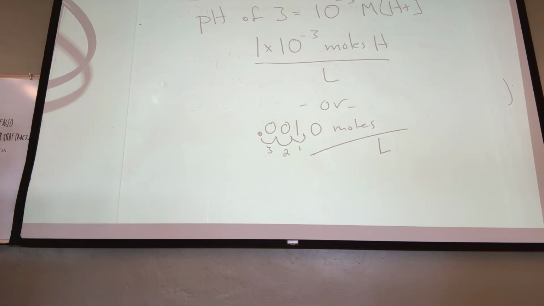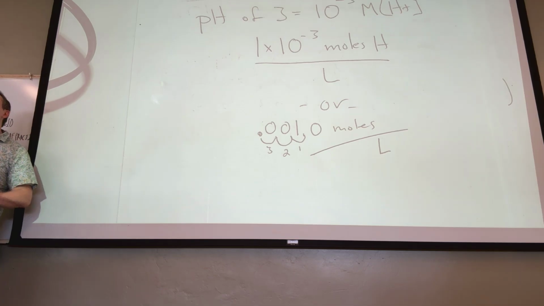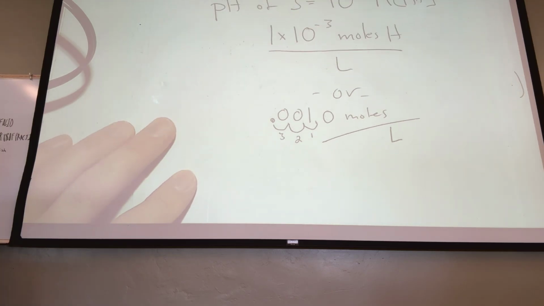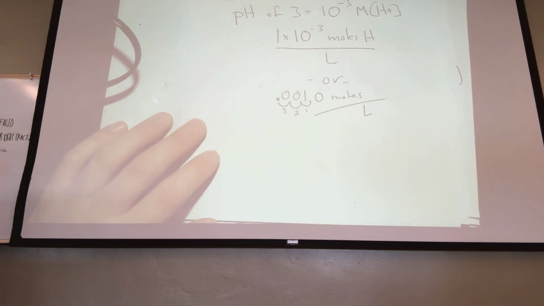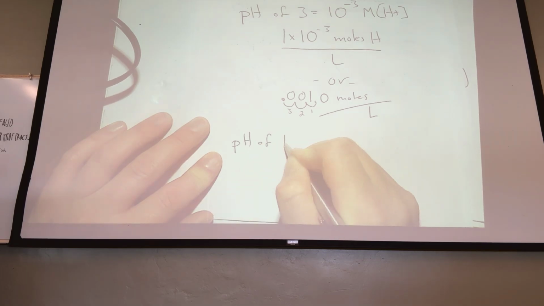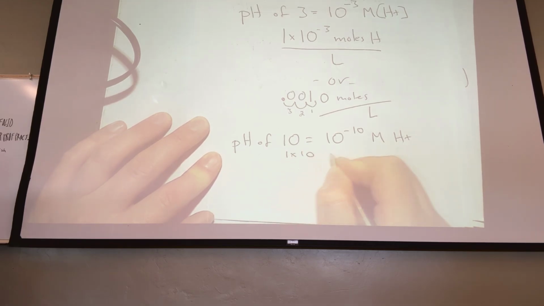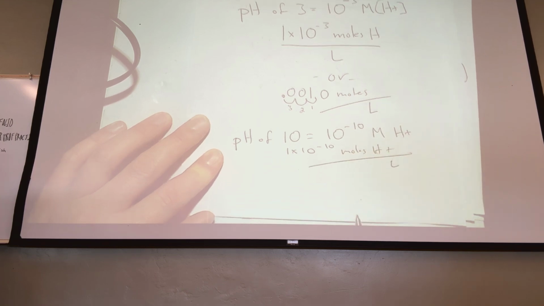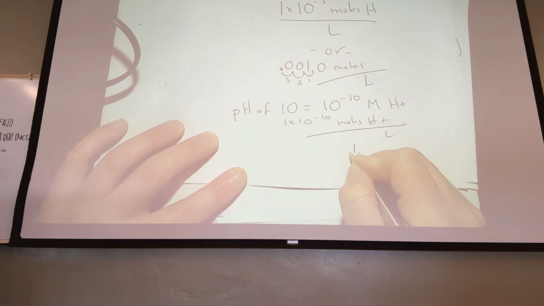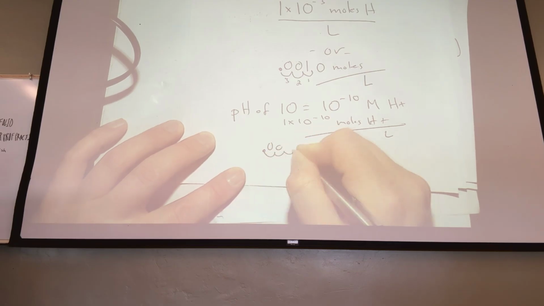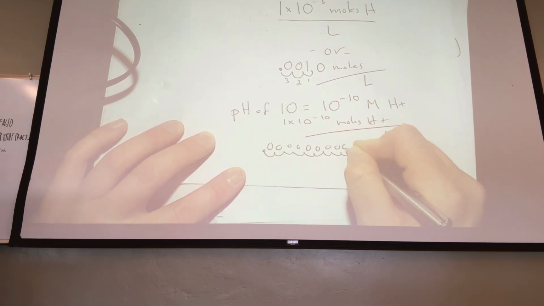Now, check this out. I already told you that at a low or more acidic pH, there's more hydrogen ions. Now let's look at what I actually mean by that. A pH of 10 equals 10 to the negative 10 moles hydrogen ions, which is 1 times 10 to the negative 10 moles of hydrogen ions per liter, which is 0.0000000001.